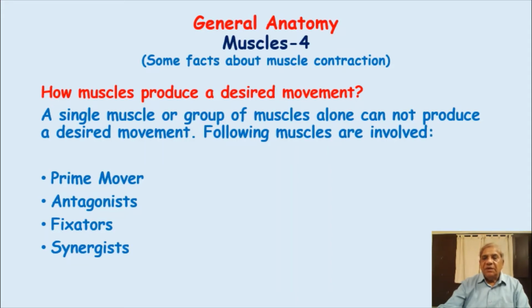For example, if you are sitting on a chair and you want to drink a glass of water, you will just pick up the glass and bring it to your mouth. Which movement is taking place here? It is the flexion movement. And if you want to keep the glass back on the table, then this is an extension movement. While producing this movement, for drinking the glass of water and keeping it back onto the table, so many muscles are involved.